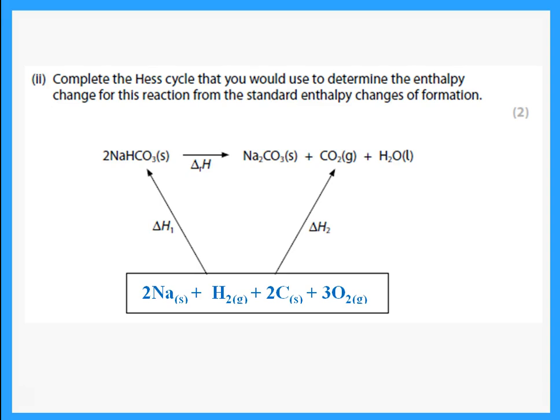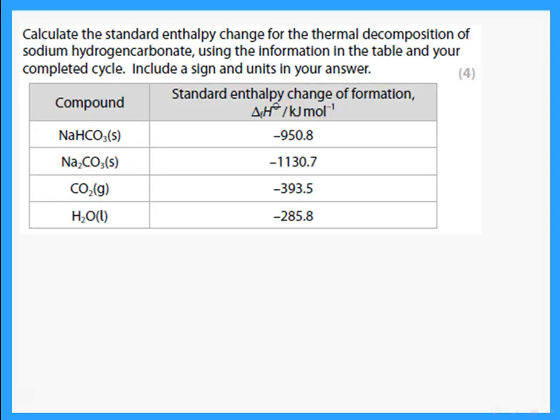We need 2 carbons, and the standard state of carbon is a solid. And we need a total of 6 atoms of oxygen. So we need 3 O2 as a gas. Please notice that when we write these kinds of Hess cycle, you have to write the elements with the balancing and with the states, the standard states, whether it is solid, liquid, or gas.